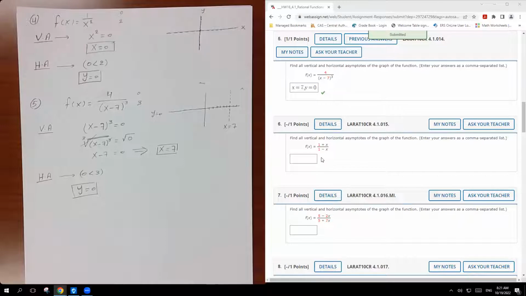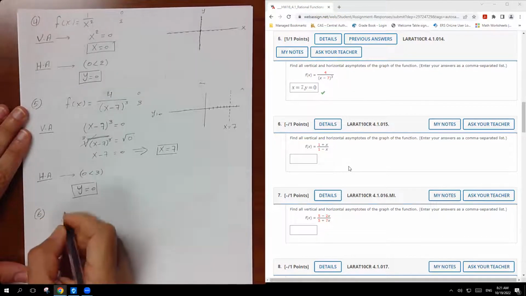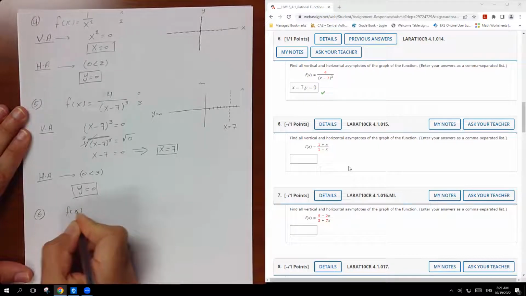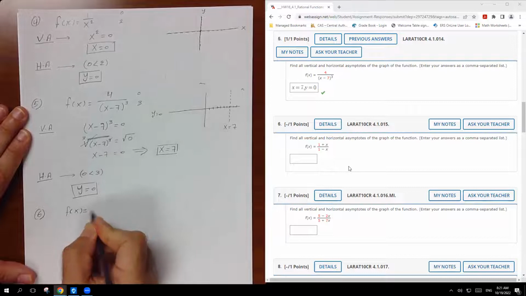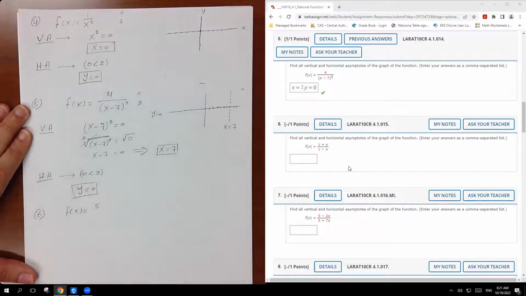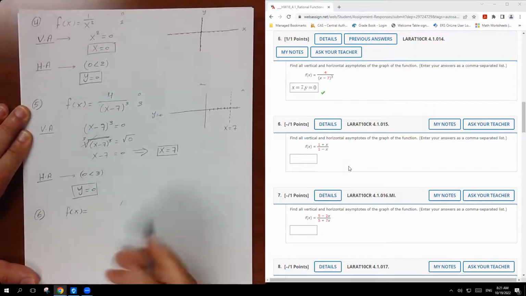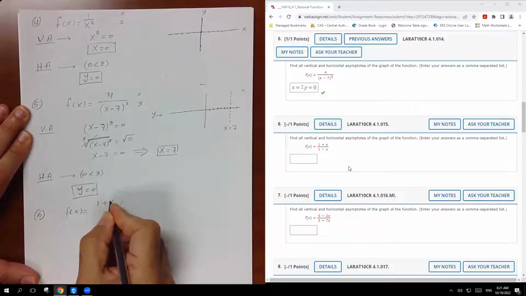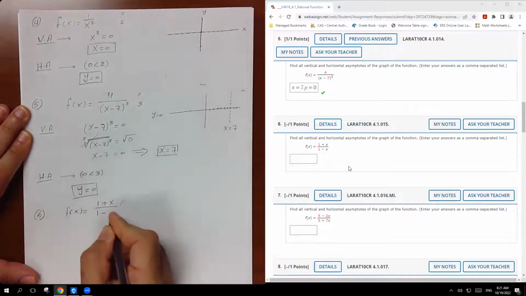Now, let's check the next one, example 6. We're going to do exactly the same thing. The function is f of x equals, oh no, example 6, 1 plus x over 1 minus x.